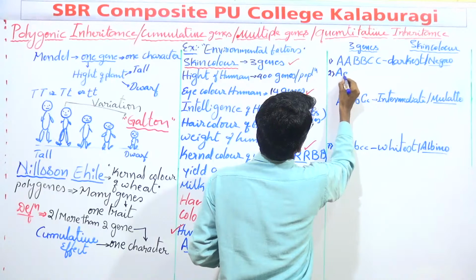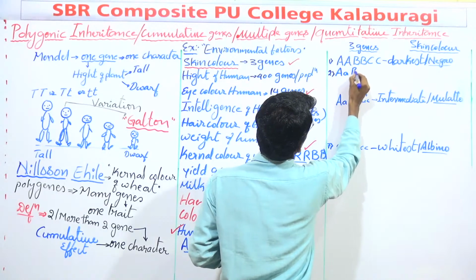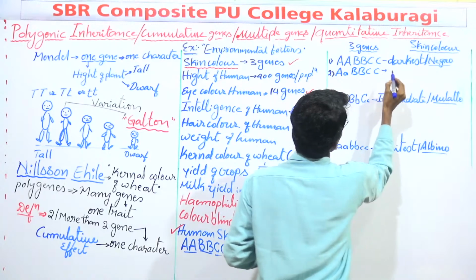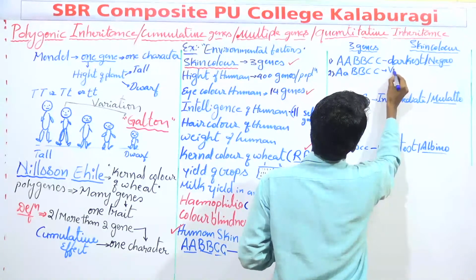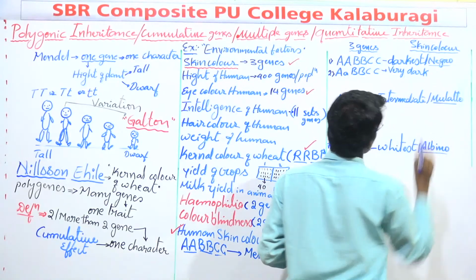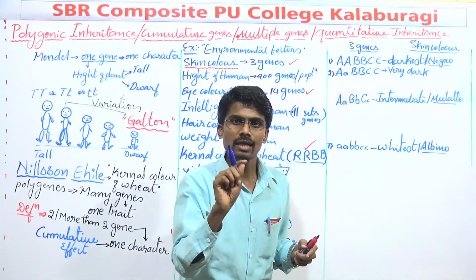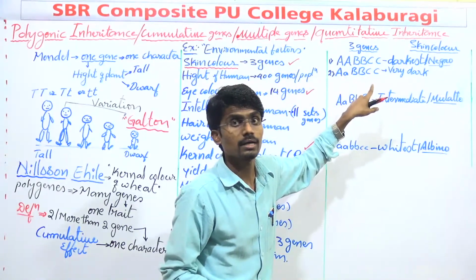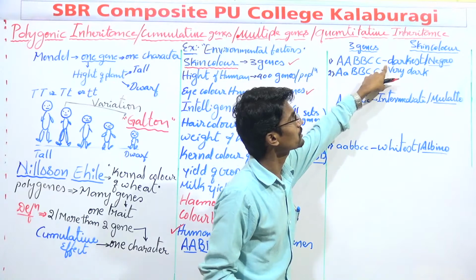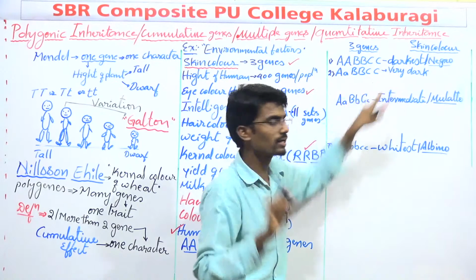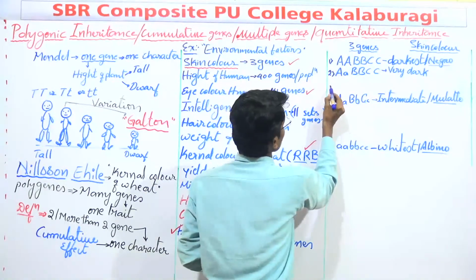This one becomes recessive, remaining are dominant, and the skin color is very dark. Very dark means slightly whiter compared to darkest people; these individuals are of lighter shade. But that is the second case.